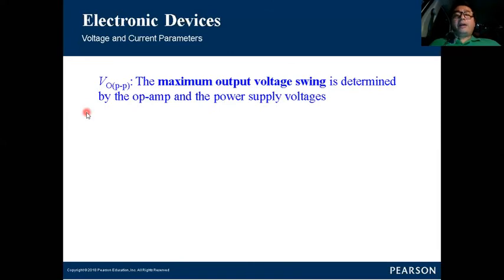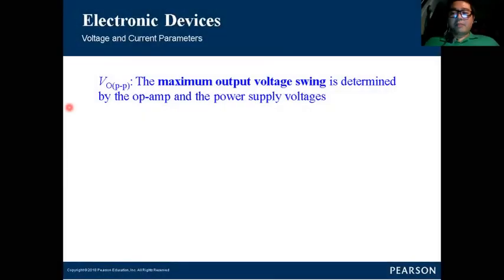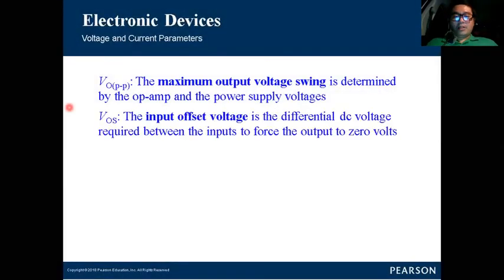Ideally, ang op-amp, kapag wala itong input sa kanyang mga terminals, ang output dapat is equal to 0. So kapag naglagay tayo ng input sa ating mga terminals, when we apply inputs to its terminals, it should be amplified. The next parameter of op-amps is what we call the input offset voltage.